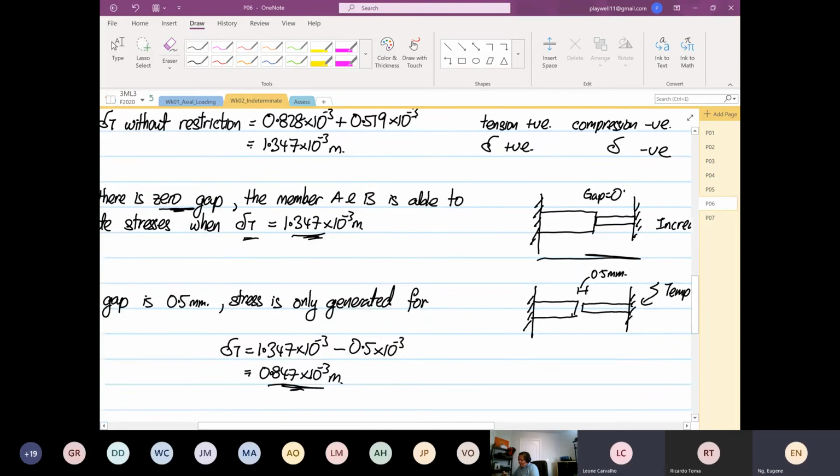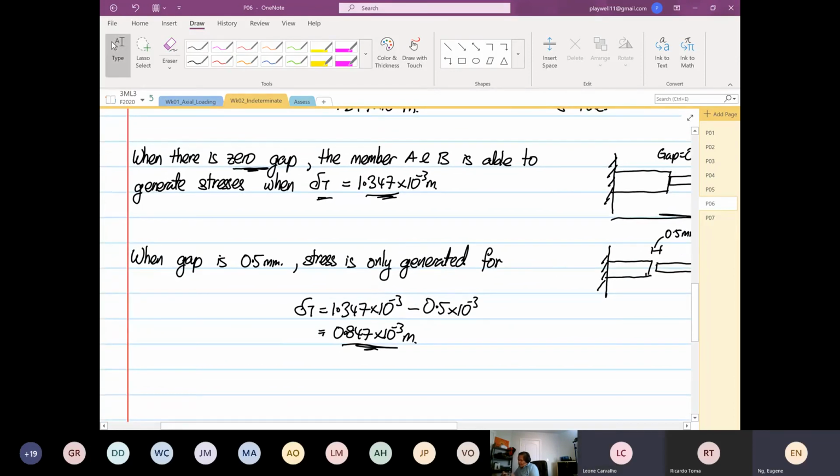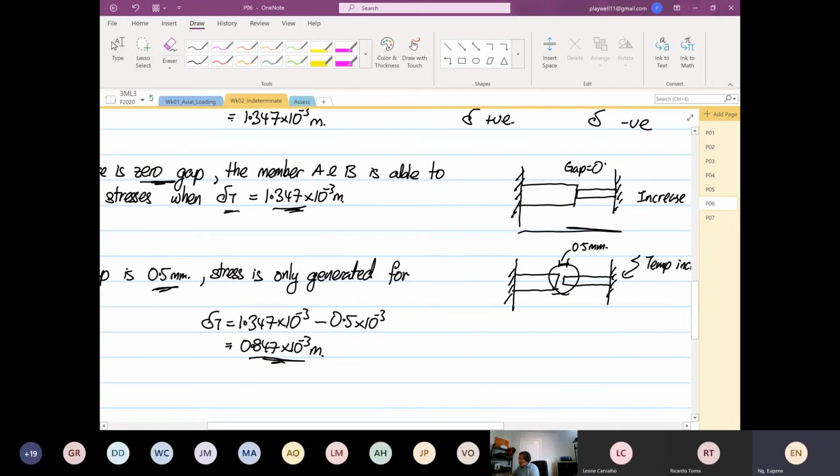And when the gap is at 0, now when there's a 0.5 gap, you will not get any stresses yet when you increase the heat. Then when you slowly increase the heat, when the gap is equal to 0, that's why you minus the 0.5, then you see stresses. That is where you have to compensate for the gap on your delta T.